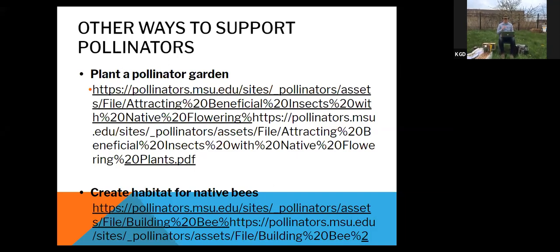I also wanted to mention a few resources that MSU put together. The first one is on plants that attract beneficials and pollinators, with some really great spreadsheets on varieties of plants and the pollinators that they attract and the time that they bloom.